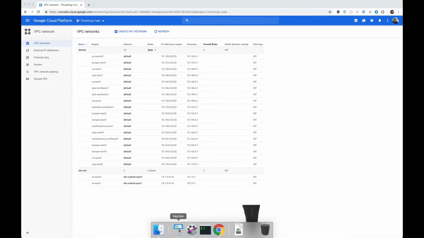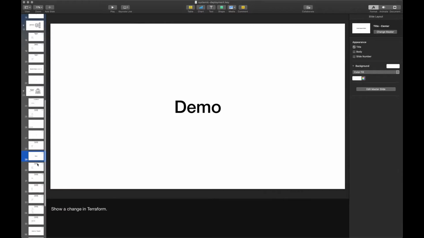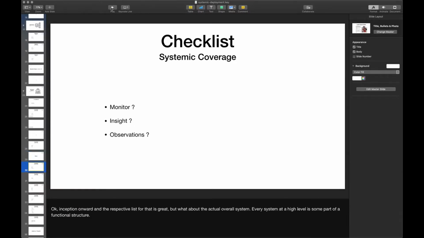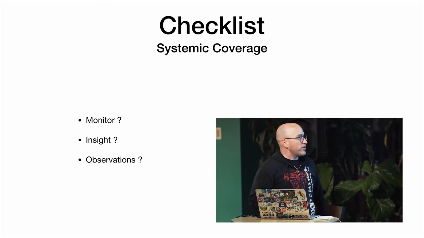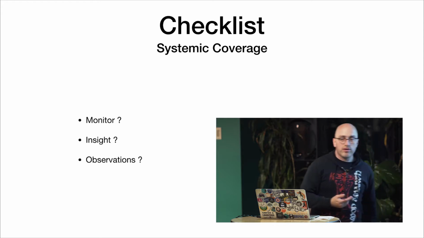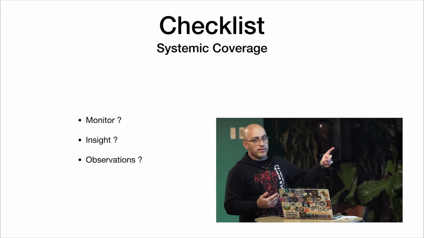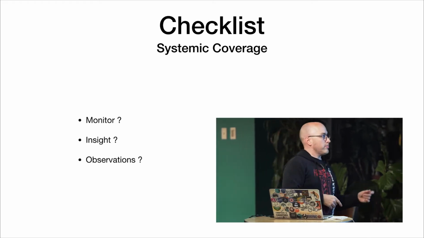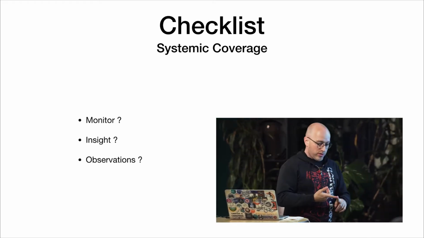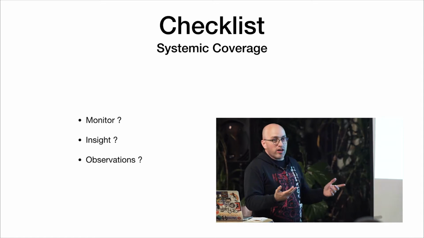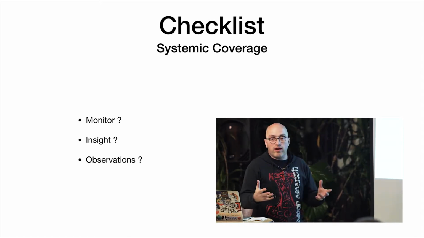All right. So the last little bits here. So in the sense of systemic coverage, when you're building out a distributed system, the questions you brought up, key things here. You want to be able to monitor, maybe, right? You want insight into it somehow.